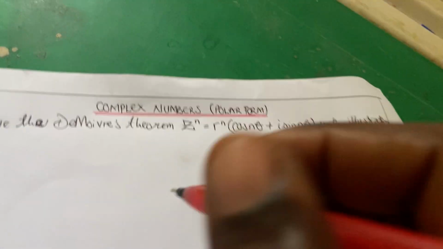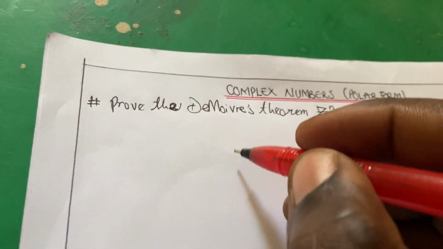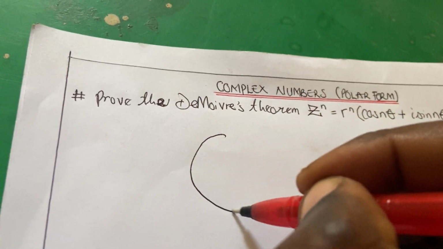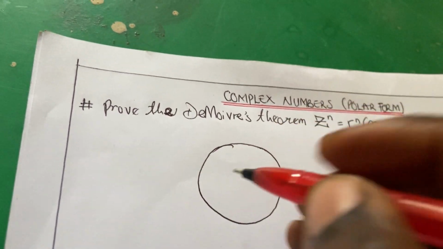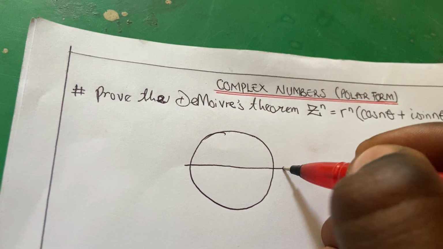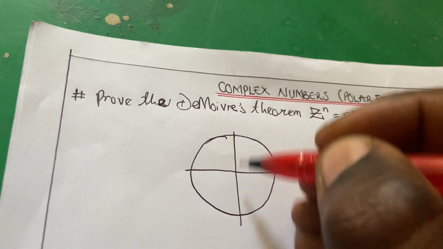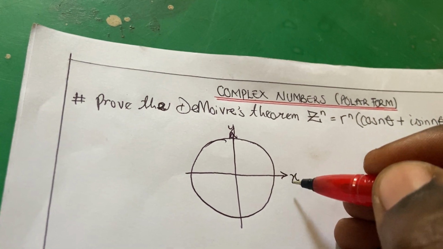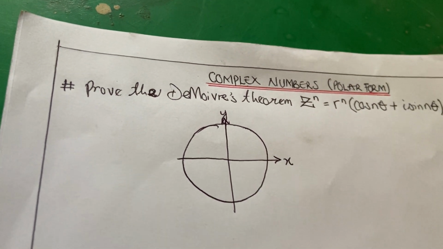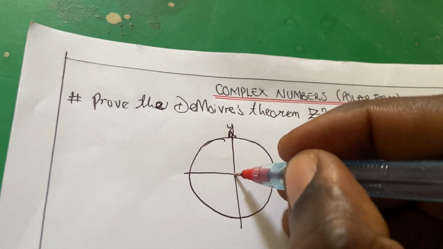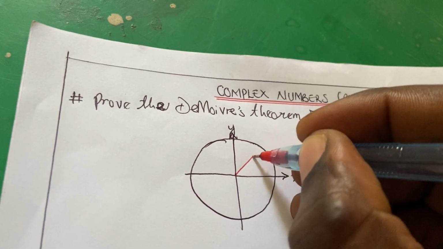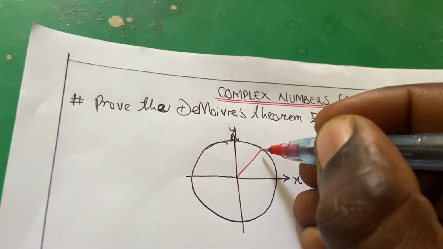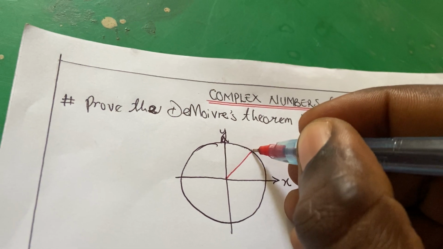What I'm going to do is draw a circle with just two coordinates, the y and the x. Let's say from the center to any point touching the circumference, that line is called the radius.